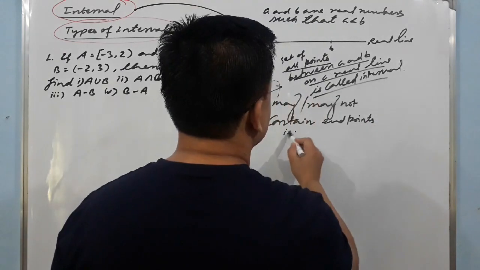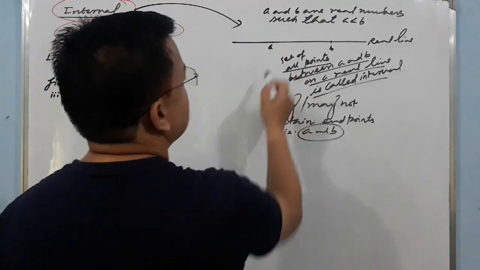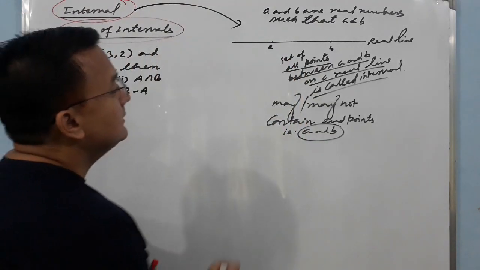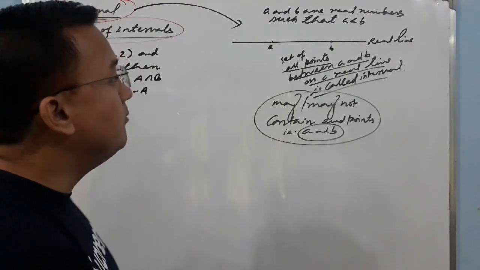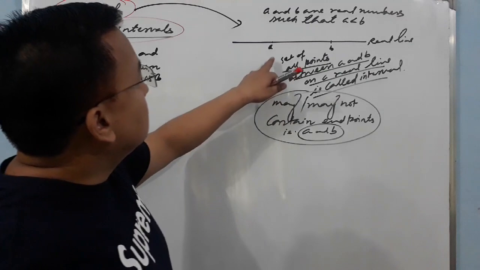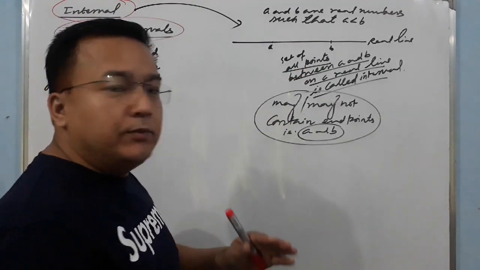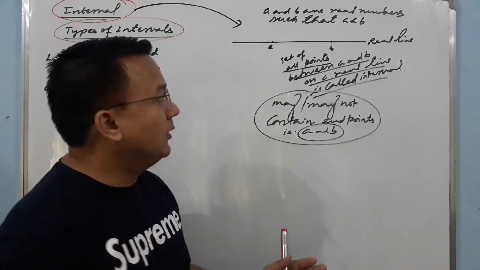A and B are called the endpoints of an interval. Endpoints may or may not be contained. The set of all points between A and B on a real line is called your interval.